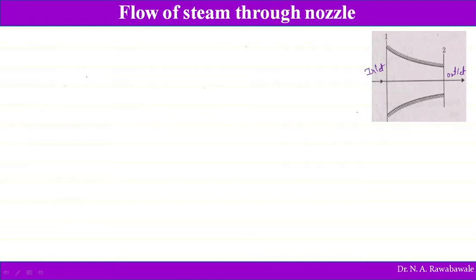Now let us consider the steady flow energy equation. There are two types of steady flow energy equations: one based on mass, and another based on time.